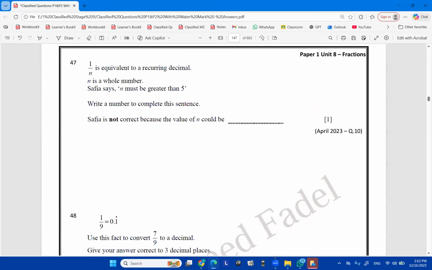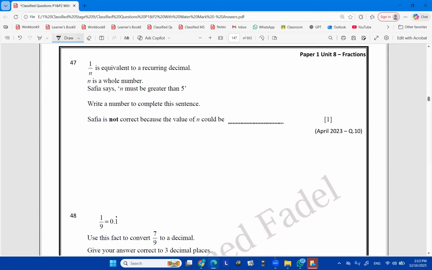Khalas. Okay. So here it says in 47, 1 over n is equivalent to a recurring decimal. n is a whole number. Safia says n must be greater than 5 for it to be a recurring decimal. Write a number to complete this sentence.